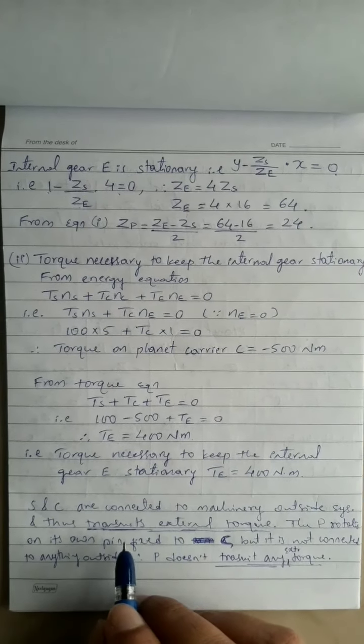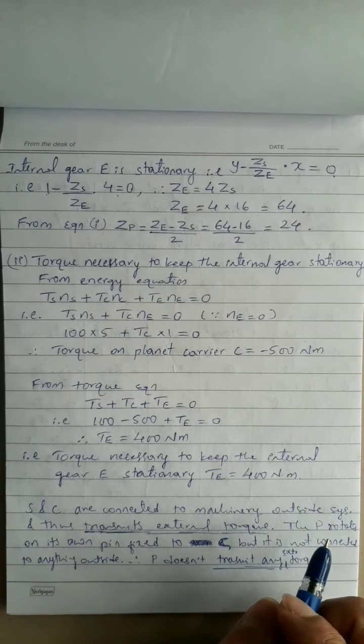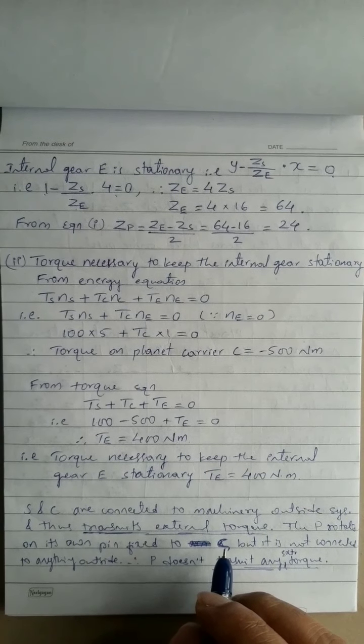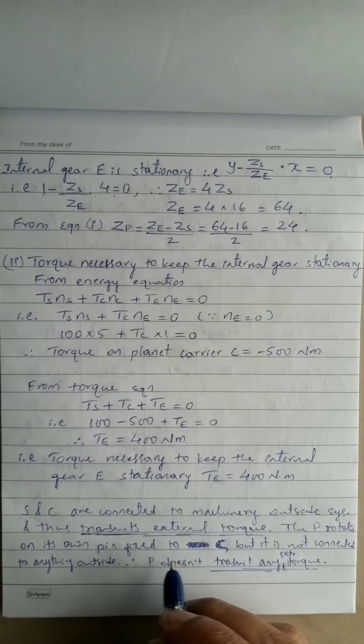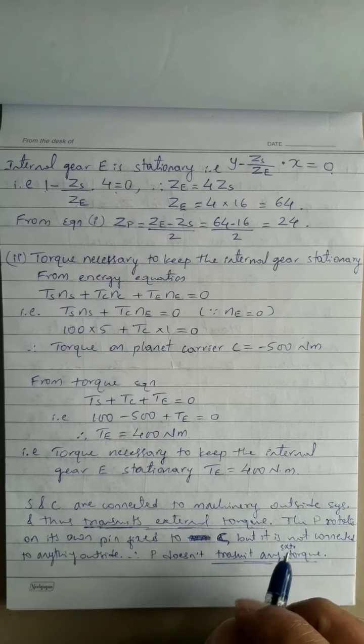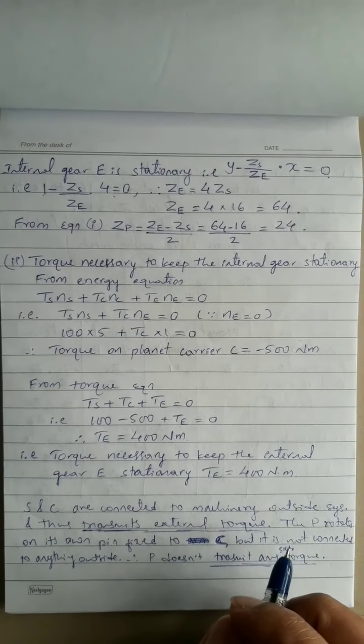Hence, they transmit the external torque, whereas P rotates on its own pin fixed to planet carrier C. That is, P does not transmit any external torque since it is not connected to any outside machinery.